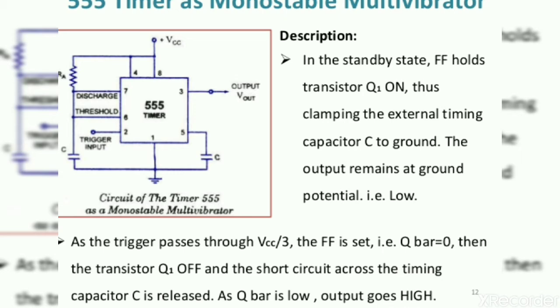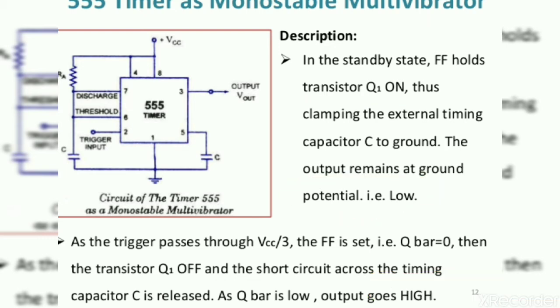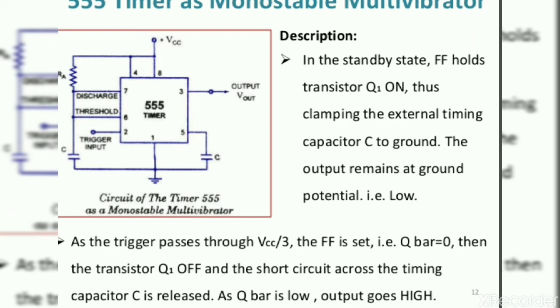Initially the transistor is in the on state, the capacitor is grounded, so the potential at this point is 0. In the second case, the transistor is off, because 1/3 of VCC is received at the trigger side, which makes the transistor go to the off state. In that case the capacitor is released and starts charging. The flip-flop output will be low, which results in a high output at the multivibrator side. That is the operation.